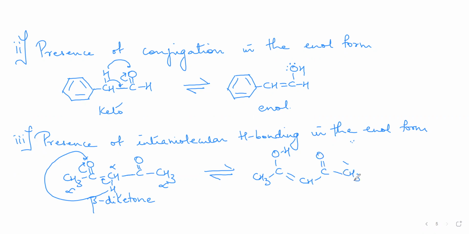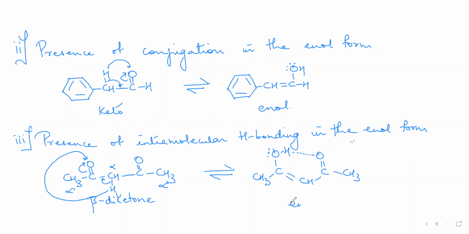Okay. Now this compound has stabilization due to H bonding, intramolecular hydrogen bonding. The molecule is also conjugated. How is it conjugated? This lone pair can shift here by resonance, this here and this here. So the molecule is conjugated, and it has intramolecular hydrogen bonding also.